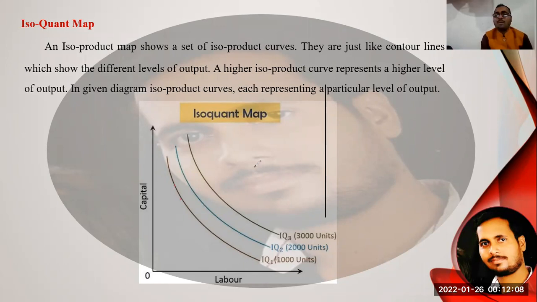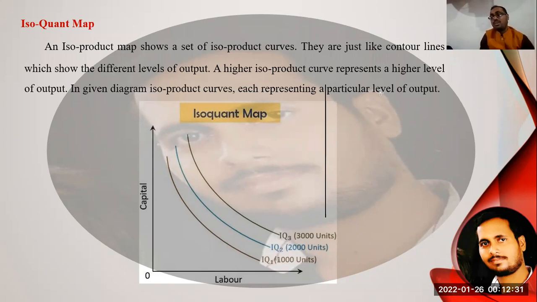It means at every point, they are in equilibrium on this point or this point or everywhere on IQ1, students. They must get the equal production, and that production is 100 units.